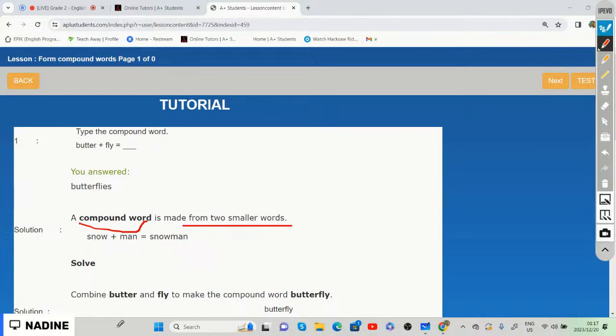So we join those two small words together, and then we create one word. And then the meaning also changes of that word. For example, once again, snow plus man equals snowman.